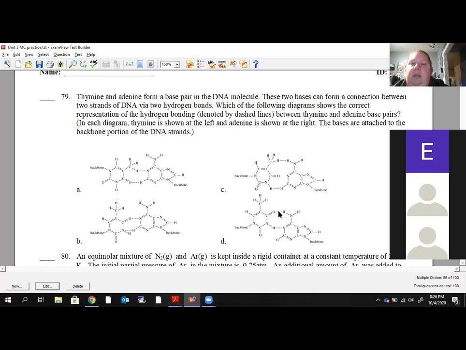And the dotted line is showing the intermolecular force. That makes more sense. So this one works because that hydrogen is actually physically bonded onto the nitrogen, and then it's being intermolecularly attracted to the oxygen. And that's one of those three atoms that can work out.